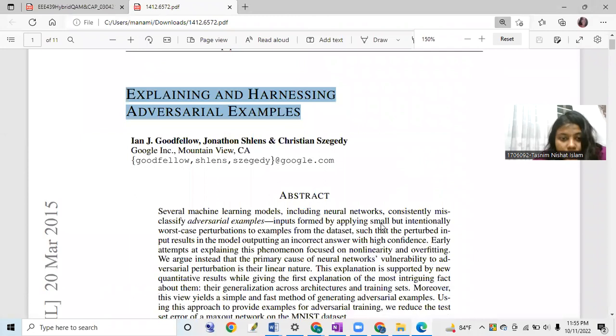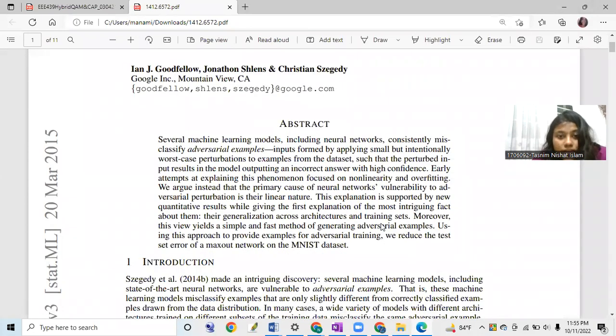So this is the abstract part, right? A paper mainly consists of an abstract, obviously the introduction, and then some methodologies, and then finally some experiments with some results to clarify their methodology and get some more insights.